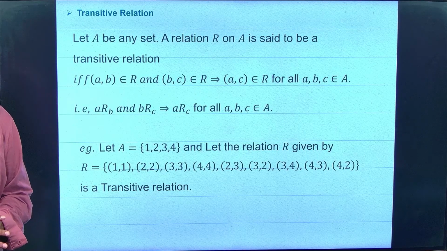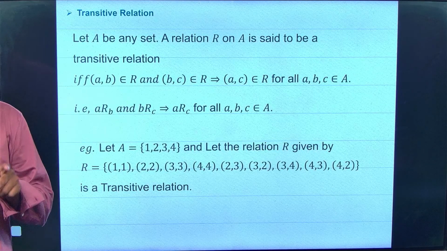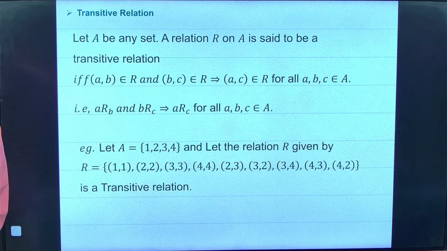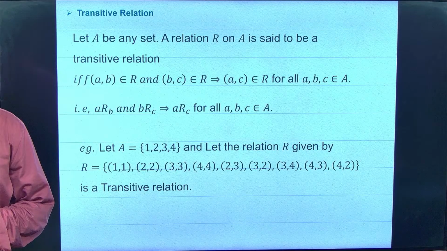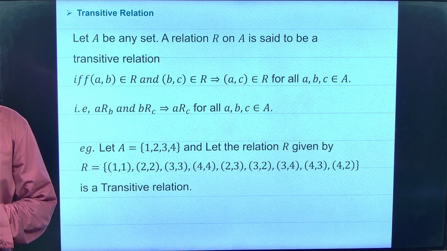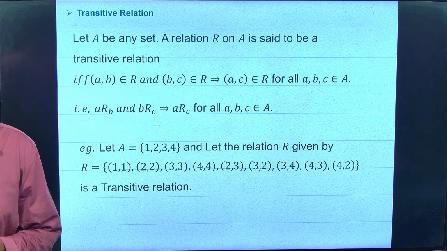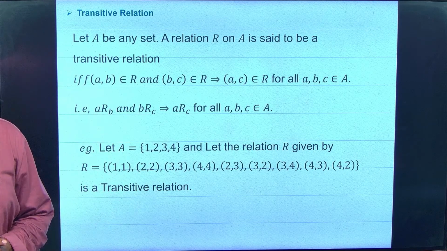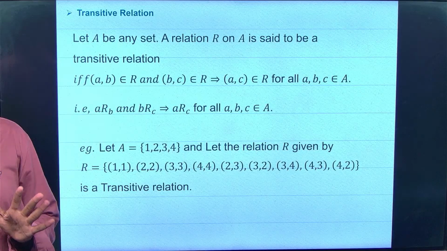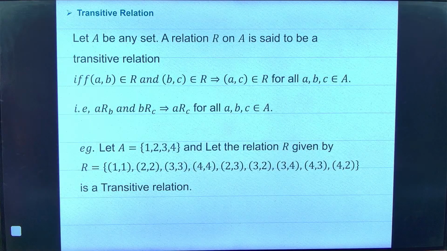For example, say A has 1, 2, 3, then 1 comma 1, 2 comma 2, 3 comma 3 should be there in the relation. Okay sir. Now I will ask you a question. Say A has a, b and the relation has a comma a, b comma b. When can you call it reflexive? That's all, it is done. Anything extra can be there, but nothing should be missing from this. Okay sir, thank you.